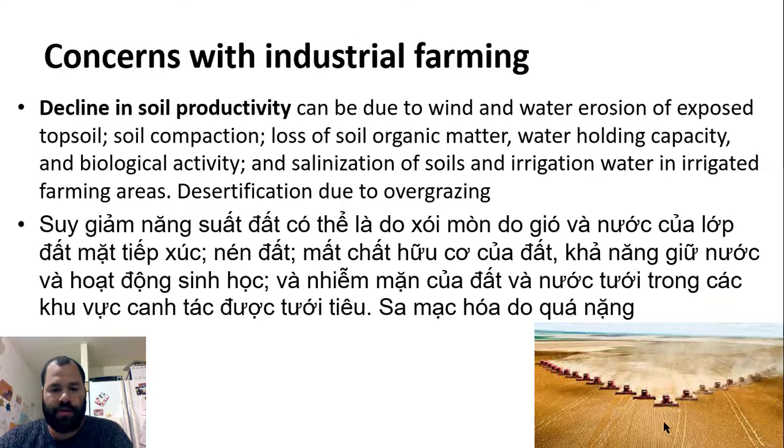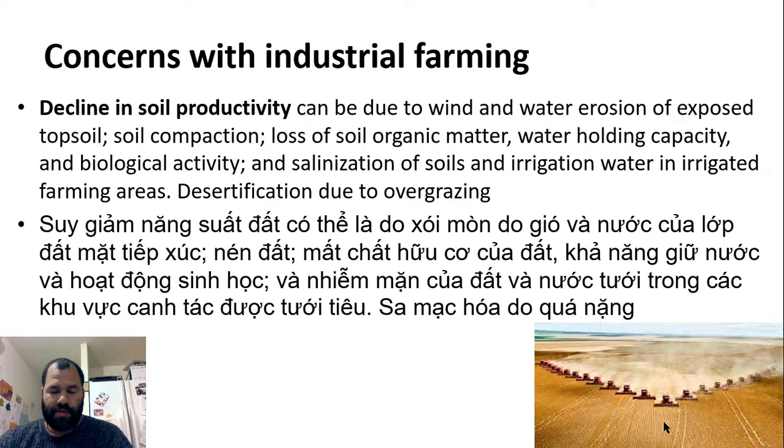One of the major concerns that conventional farming brings with it is the decline in soil productivity. Basically, the major concern is called soil erosion. This is a natural process that is caused by wind and water, but it is accelerated with conventional extensive agriculture.